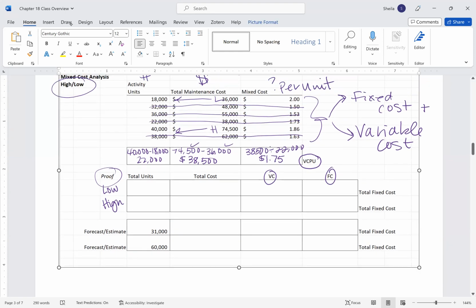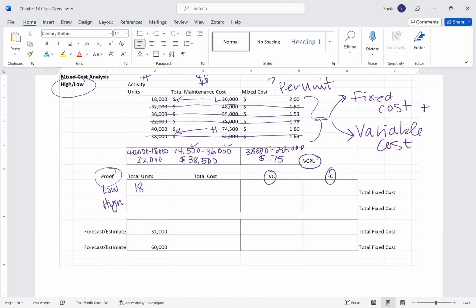So if I look at this data, I never grab any of the other numbers. I have to use the highest and the lowest points, okay? So total units on the low side is 18,000, and I know that my total cost was 36,000, okay? Now, if that's the case, my total cost is going to equal my variable cost plus my fixed cost.